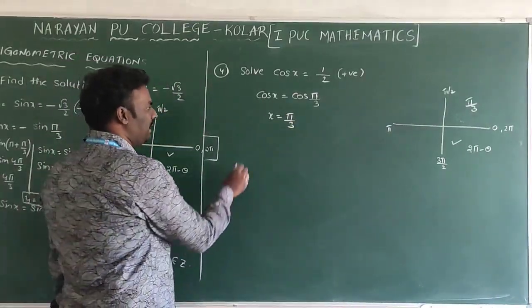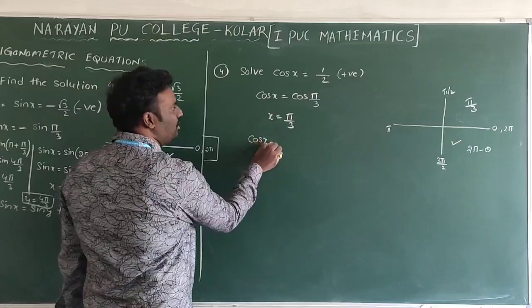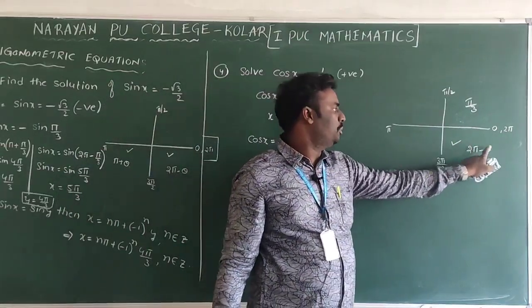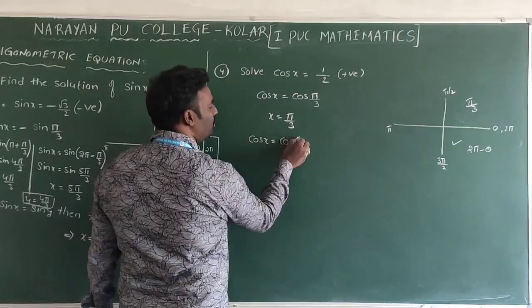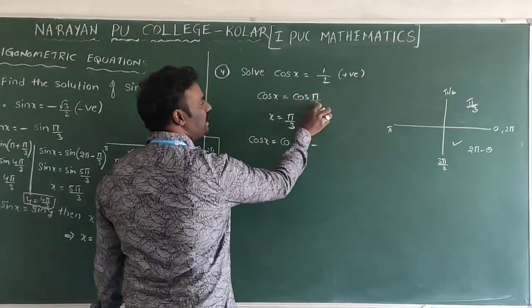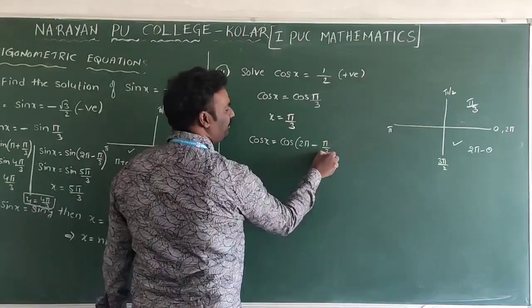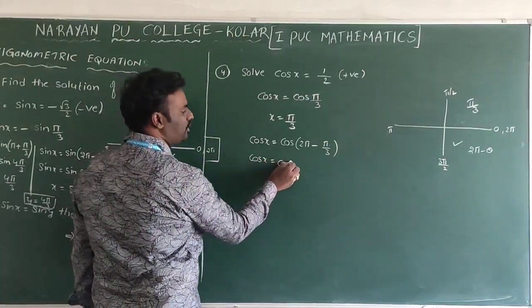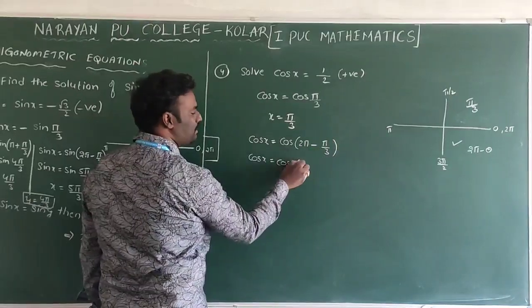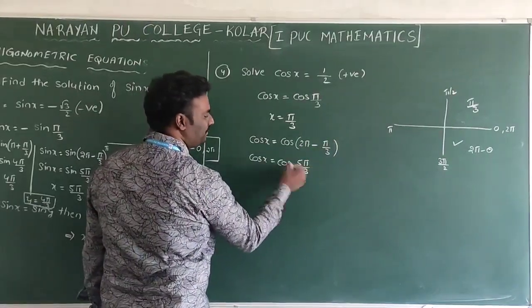Similarly, I am taking cos x is equal to cos of 2 pi minus theta. Now cos of 2 pi minus theta is very clear, that is pi by 3. Now cos x is equal to cos (2 pi minus pi by 3). If you cross multiply, 6 pi minus pi is nothing but 5 pi by 3.